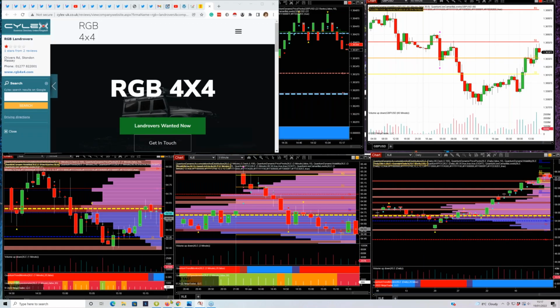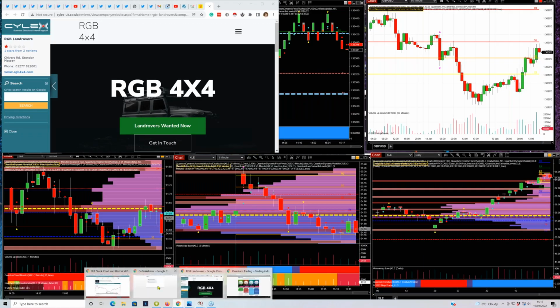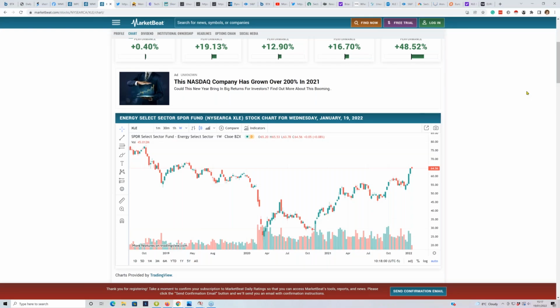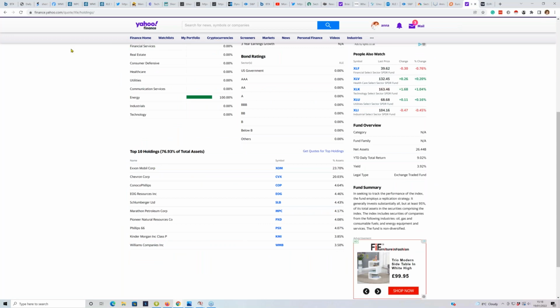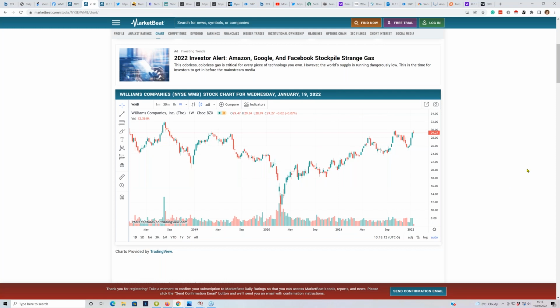Going back to looking at the individual stocks, I looked at Chevron, I looked at Exxon, but the stock that really caught my eye, which only had a 3.5% weighting in the index, was Williams Brothers. And I'm using the weekly chart here because it just has these wonderful VPA lessons.